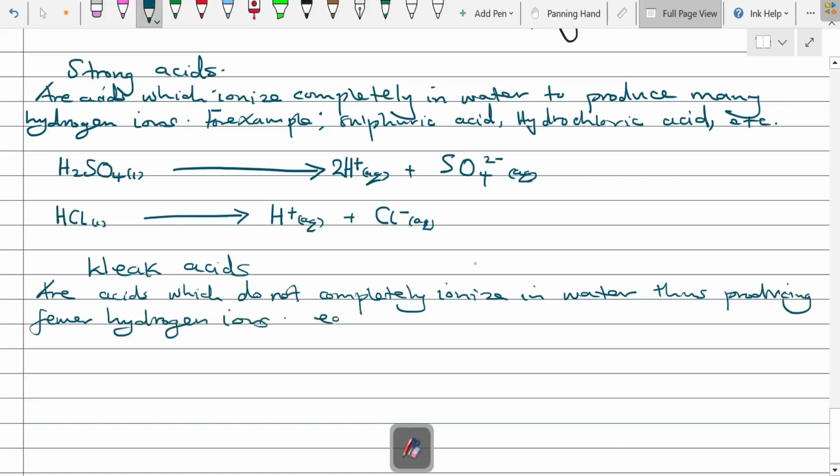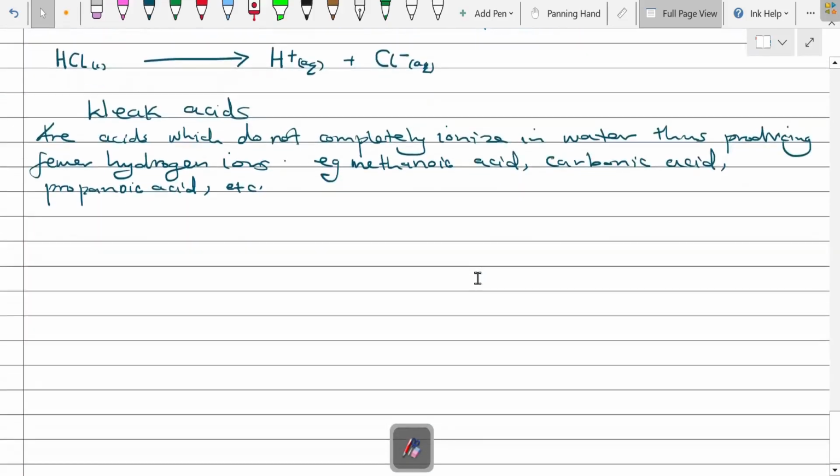For example, methanoic acid, carbonic acid, propanoic acid, butanoic acid, all carboxylic acids, amino acids, lactic acids, and so on, etc. And these weak acids, for them, they do not ionize completely.